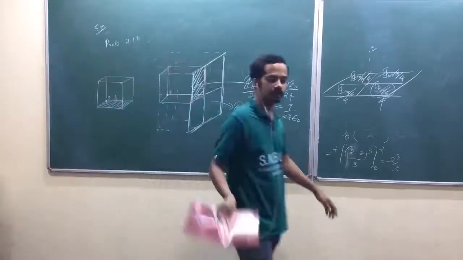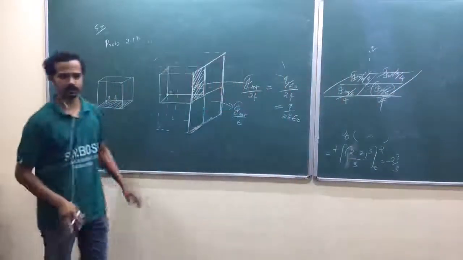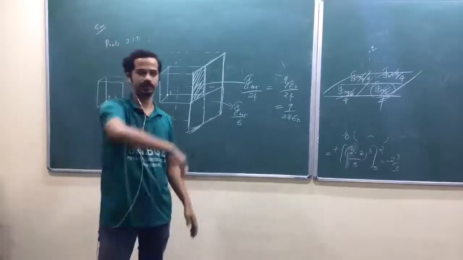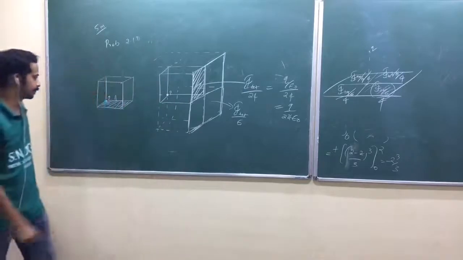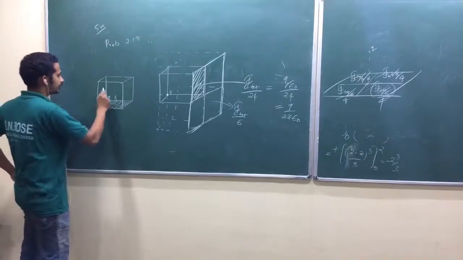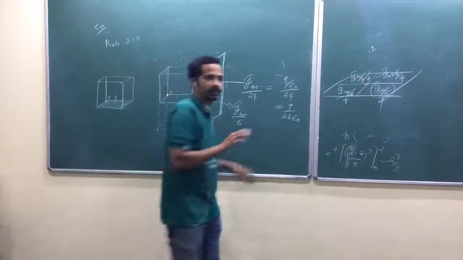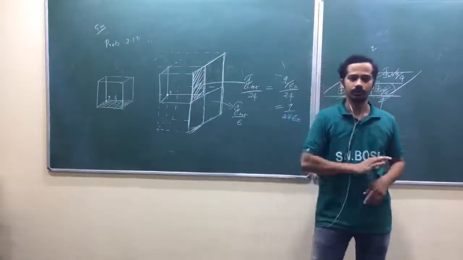Flux through any planar surface which contains charge is 0. Only one charge. Don't take a dipole. If you take a dipole, the electric field may go like this. I'm taking only one charge. So any of this surface or this surface or this surface which contains that charge q, any planar surface which contains that charge q, flux is 0.